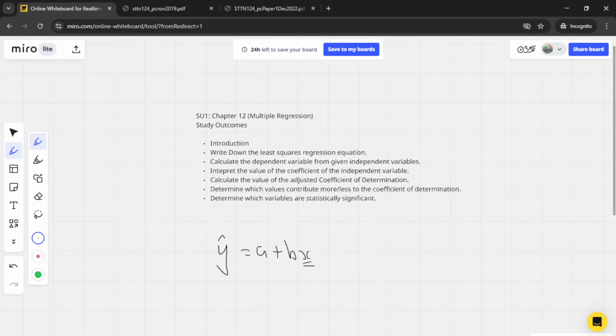For example, in the video that we did, we were determining the number of sneakers sold based on an Instagram post. That could be one of the variables leading to the number of sneakers sold, but there could be other variables, like the price.